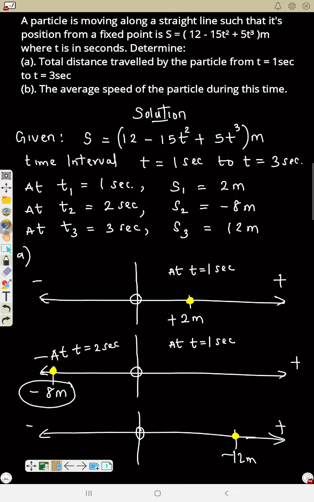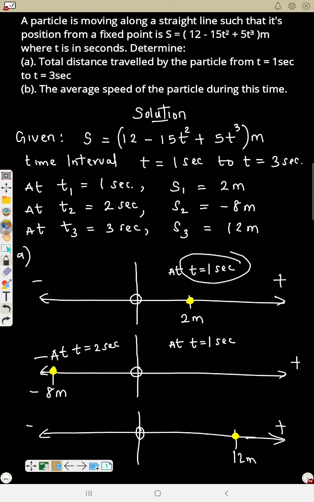Now let us take everything one by one. So total distance traveled from t equals 1 second to t equals 3 seconds. Now let me analyze this diagram. It means you are starting from your house.